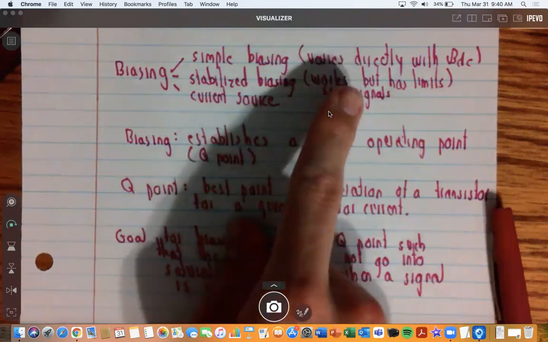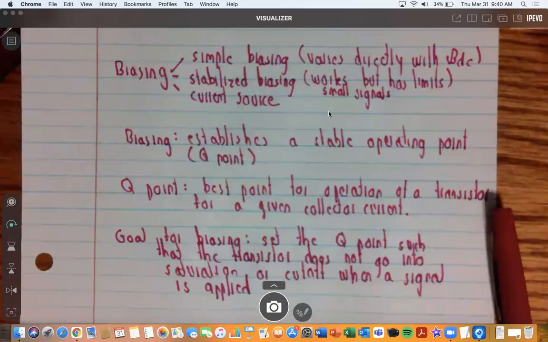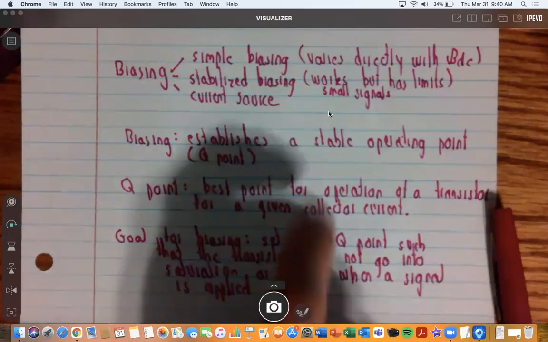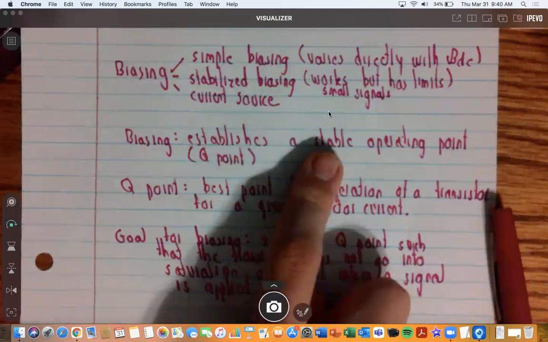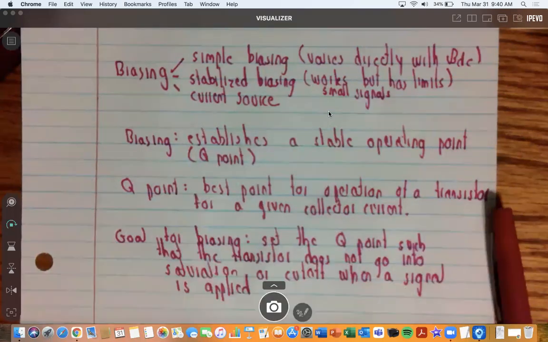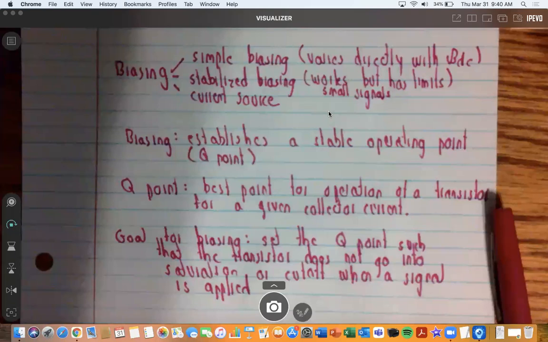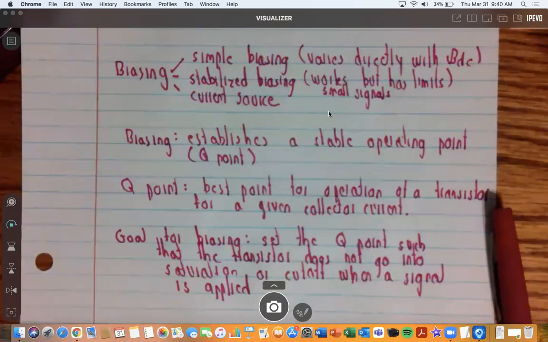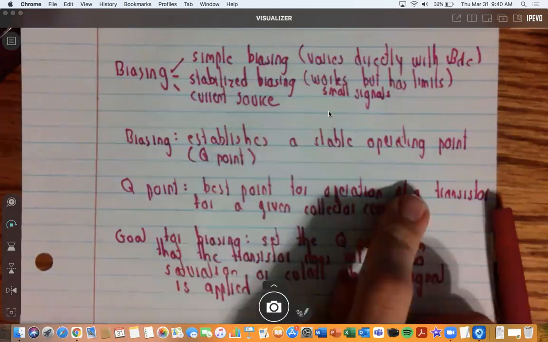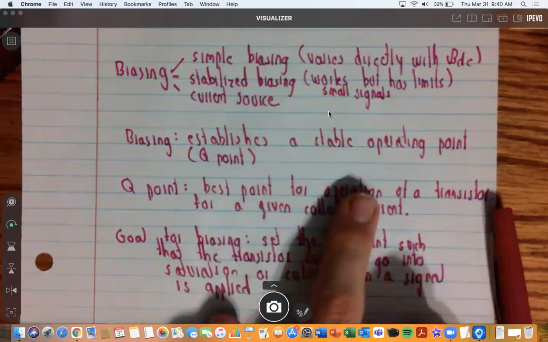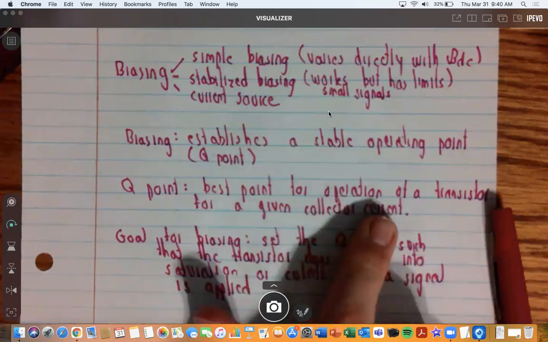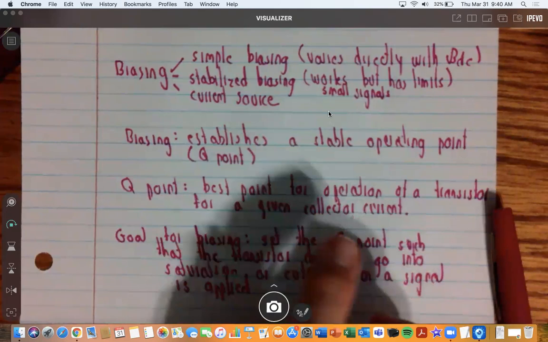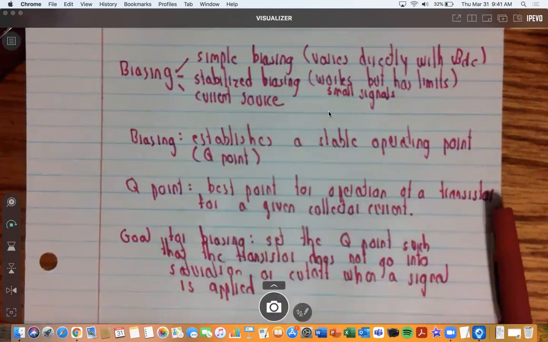This is usually used for small signal analysis. Biasing establishes a stable operating point, referred to as the Q point, which is the optimal point for any given collector current. This means the Q point keeps it in active mode, so it does not fall into saturation or cutoff mode.